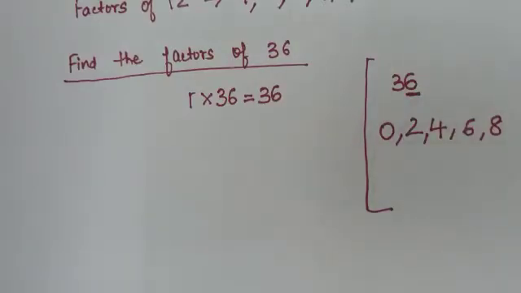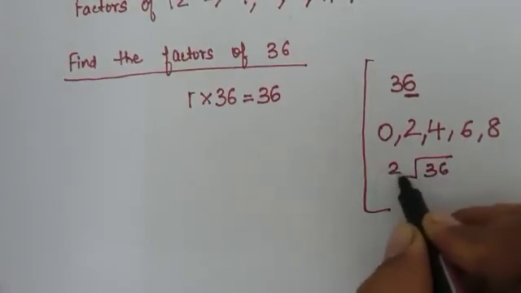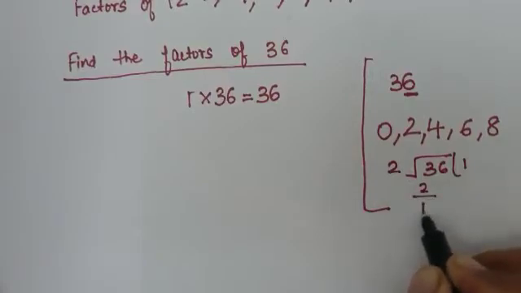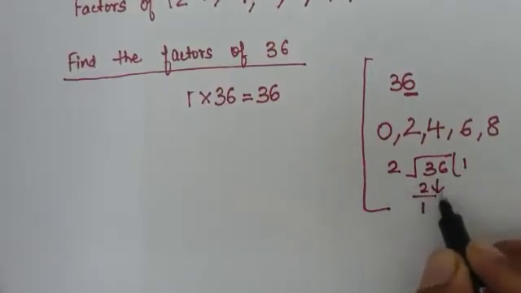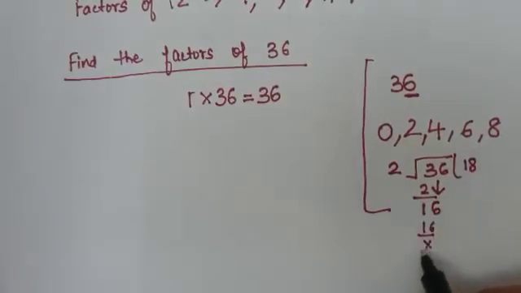But we don't know 2 multiply what gives us 36. So we can check it by division. 36 divided by 2. 2 1s are 2, 1 minus, then 6, 2 8s are 16.